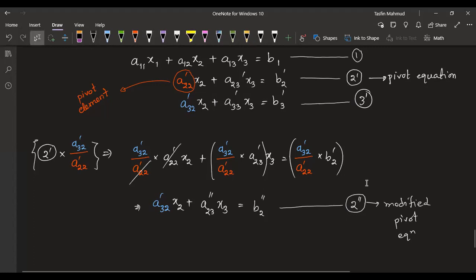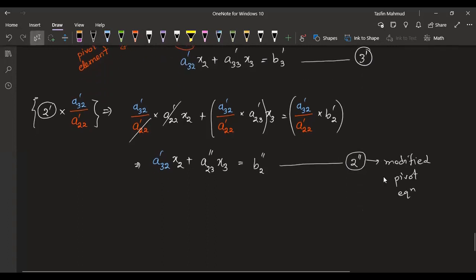Okay, so we are going to subtract this 2 double prime equation from this 3 prime equation. If I do this, the first term would be cancelled out, this term would be cancelled out, and we will have only one term left.